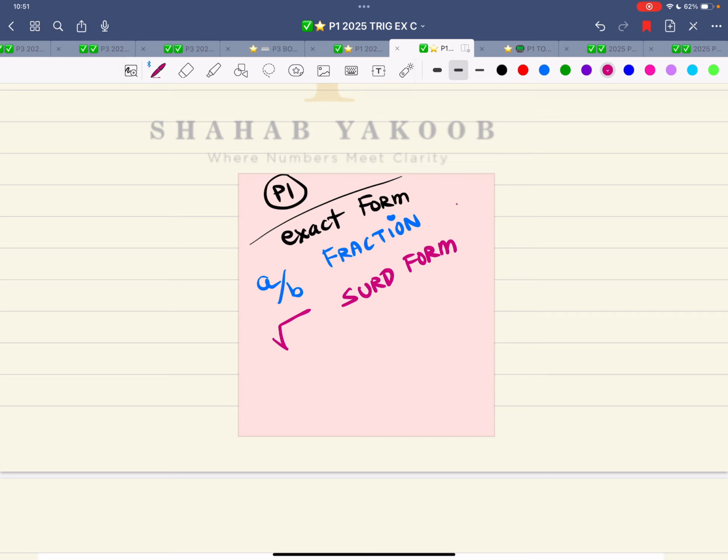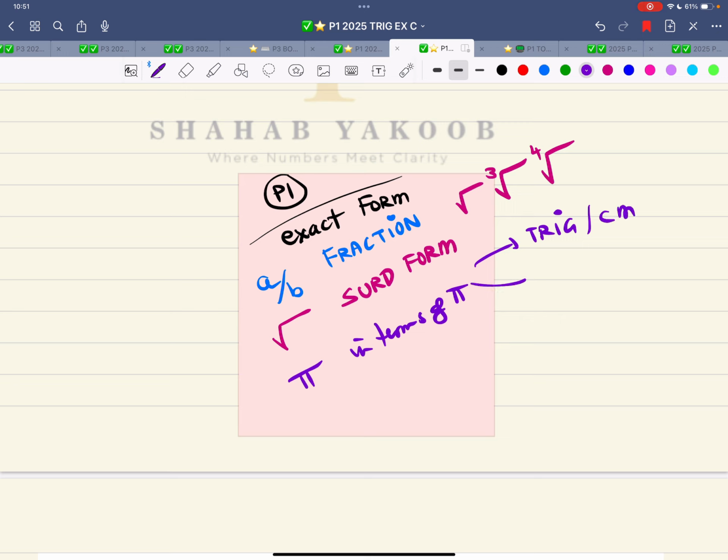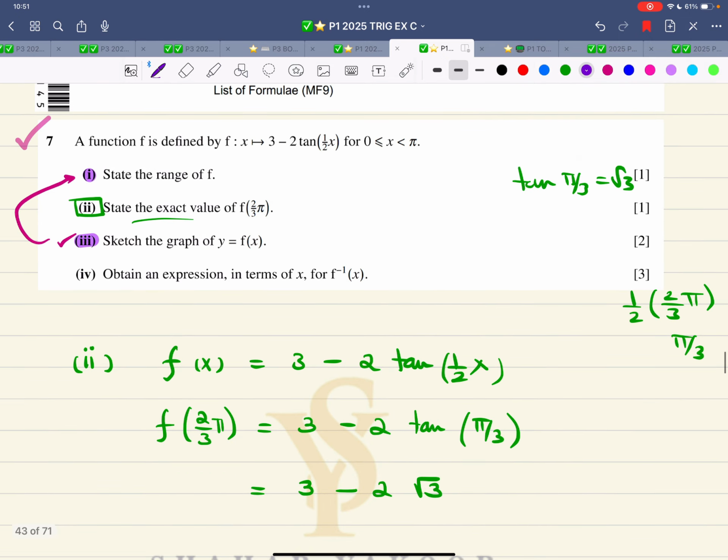It does not necessarily have to be a square root. It could be a cube root also. It could be a fourth root also. Similarly, when we leave the answer in terms of pi, whether it is about trigonometry, radians, or circular measure, or later on we'll be using it for integration, volume of revolution, volume of solid formed, we would be leaving the answer in terms of pi. So all these three formats are considered exact. There is no rounding off.